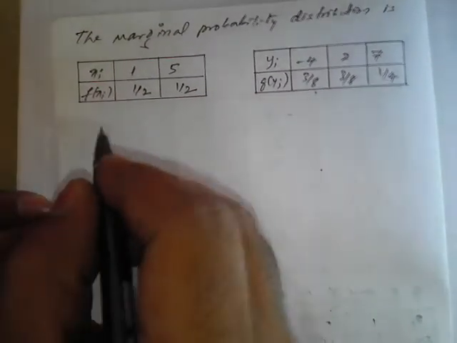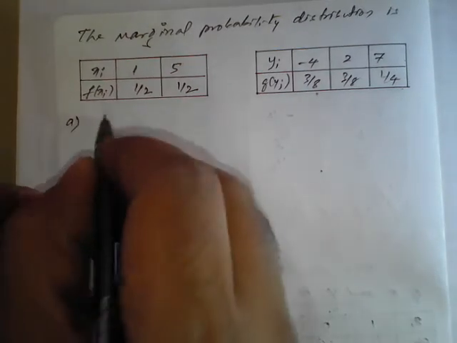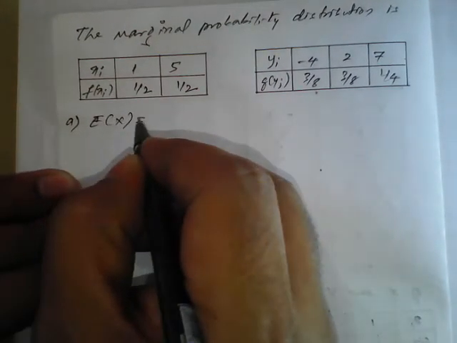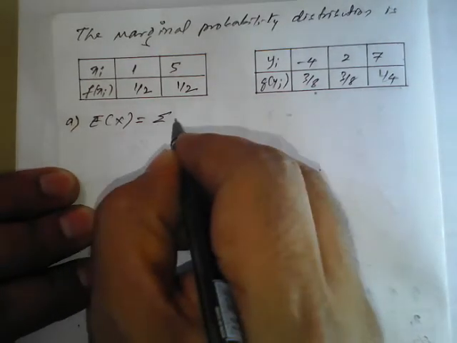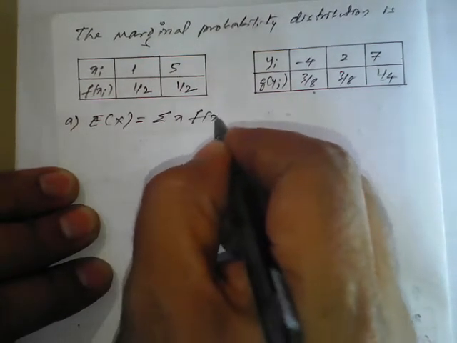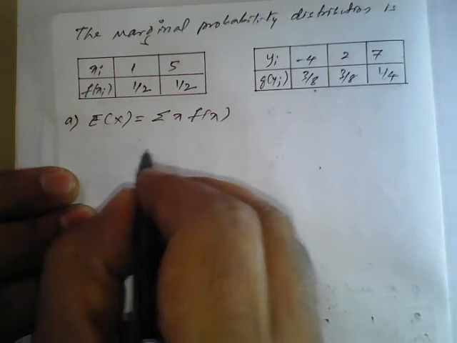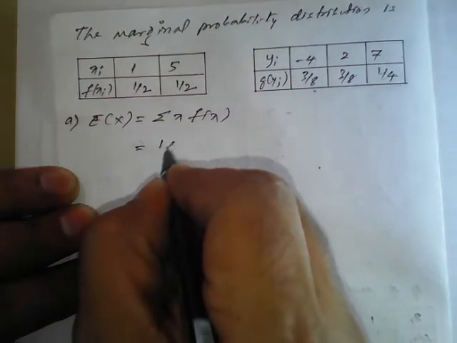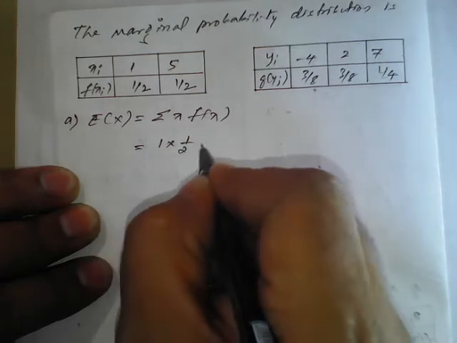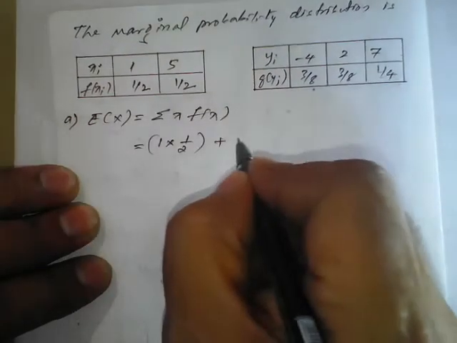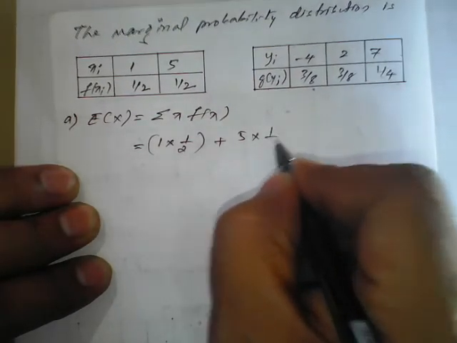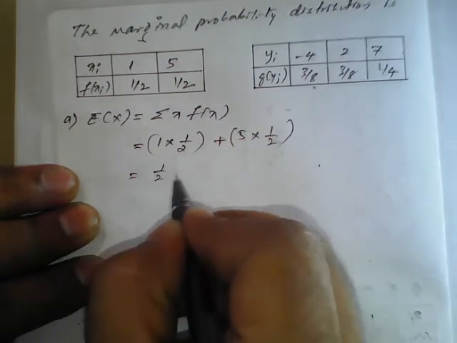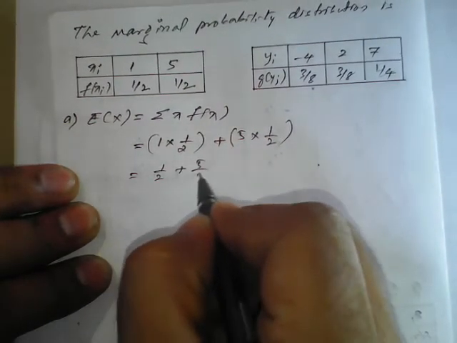We'll write the formula first for the expectation of x. The first one is expectation of x, that is E of x. The formula is nothing but the summation of x into f of x. So 1 into 1 by 2, plus 5 into 1 by 2, which is 1 by 2 plus 5 by 2.